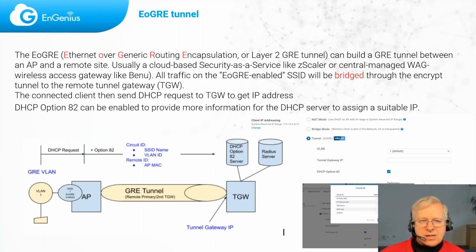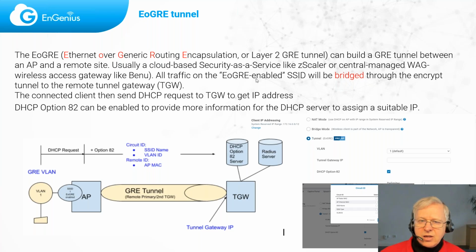Another thing they added is Ethernet over generic routing encapsulation, or EoGRE. You can build a GRE tunnel between an AP and a remote site. And those remote sites would typically be cloud-based security as a service like Zscaler, or a centrally managed access gateway like Benu.